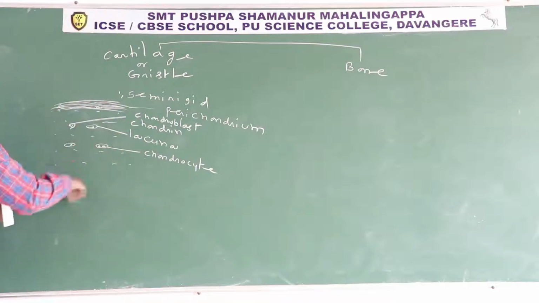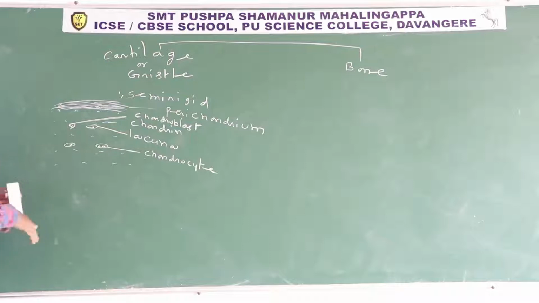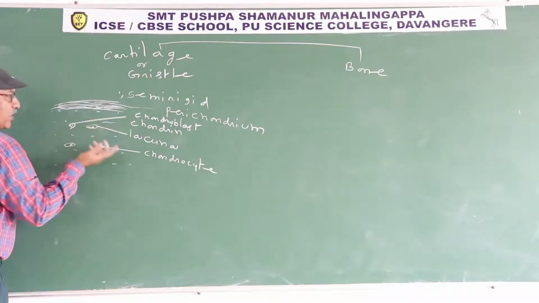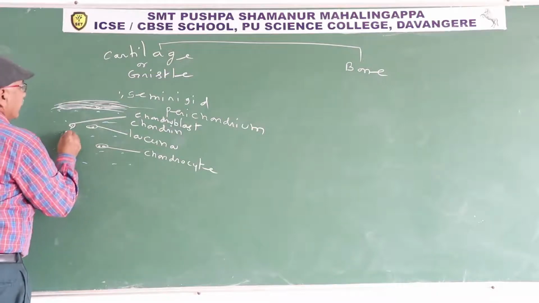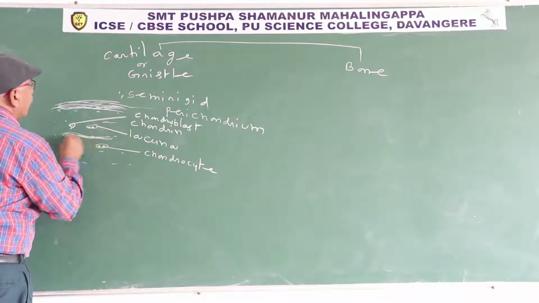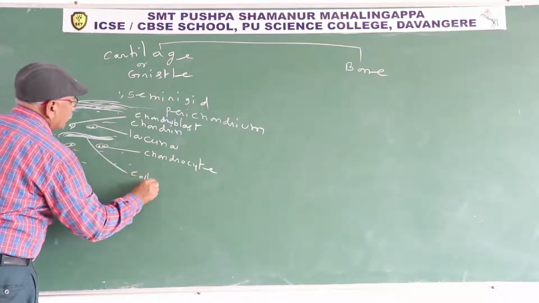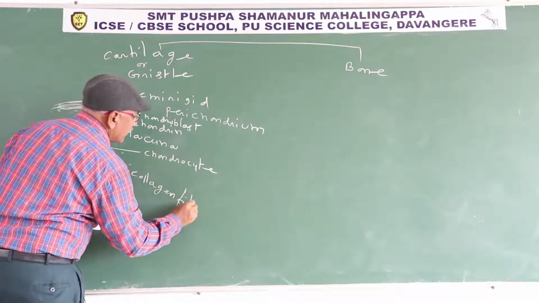The fibrous layer present around the cartilage is known as perichondrium. Empty places present in the chondrin are known as lacunae. Each lacuna contains 2 to 4 chondrocytes. In the matrix, collagen fiber bundles are present.